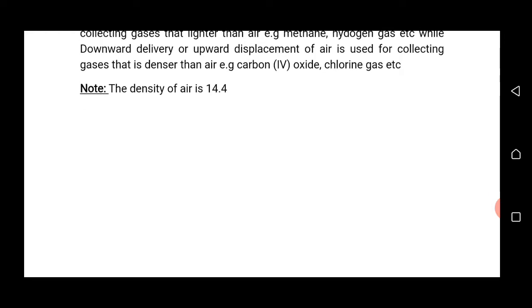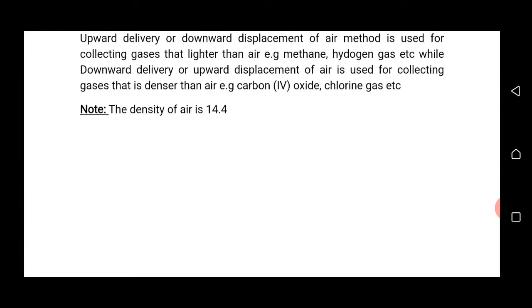Note that the density of air is 14.4. If you calculate the relative molecular mass of carbon 4 oxide, it is 44. To calculate the density, you divide the RMM by 2. So 44 divided by 2 gives you 22.